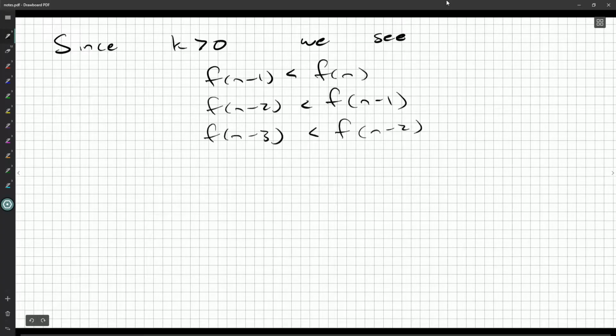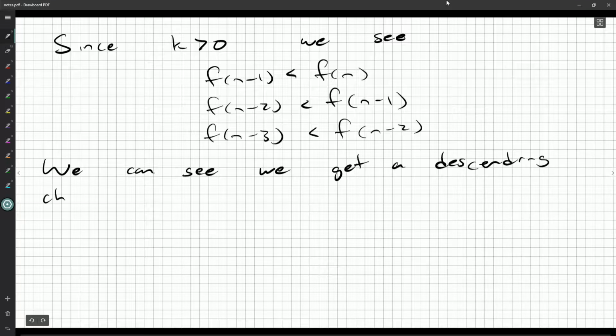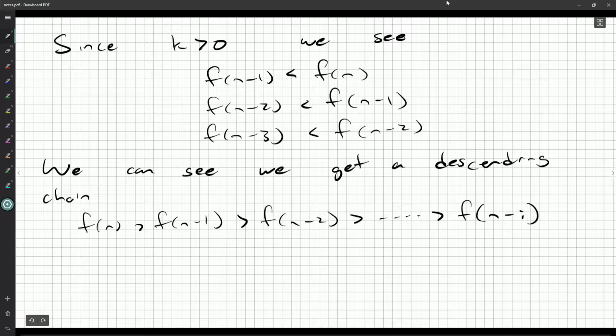So what we get here is this nice little descending chain. Everyone is less than the one before it, the ith one. Okay.